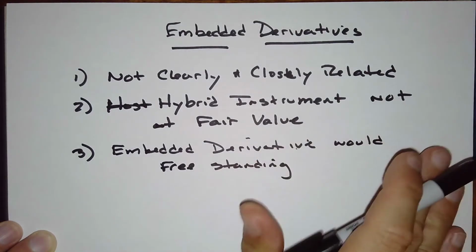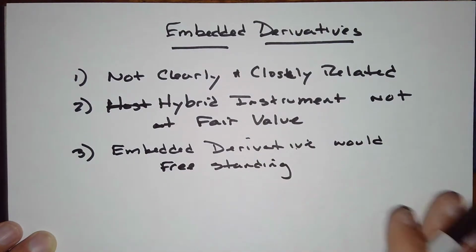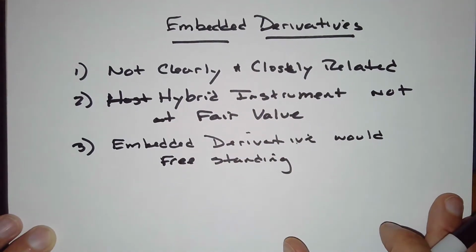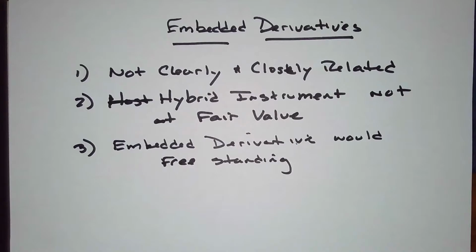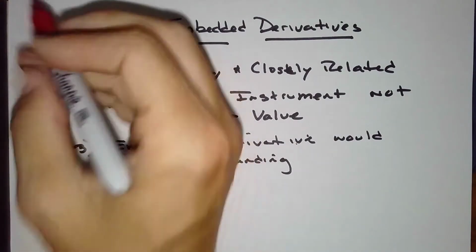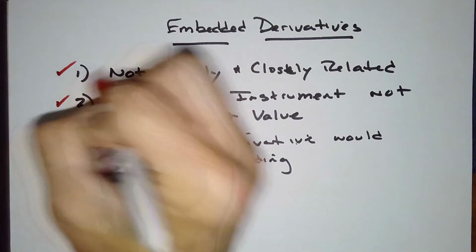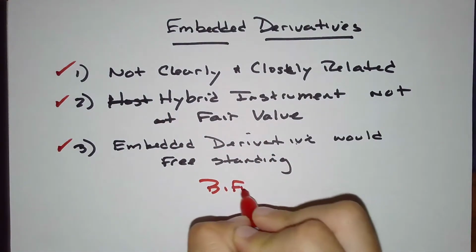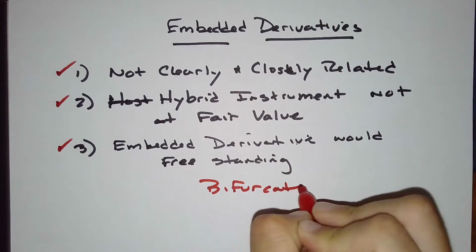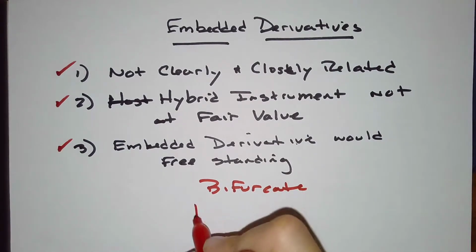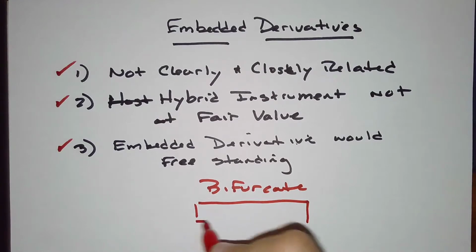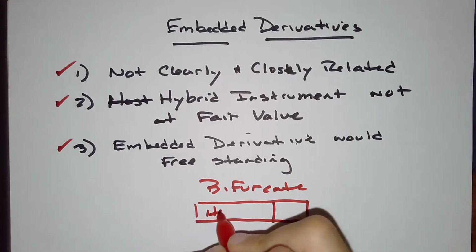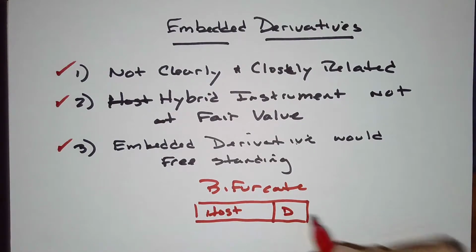Meaning I could go out and get a similar derivative in the open market, not have it actually be in the host instrument. All three of these items, if all three exist, you need to bifurcate. Here we have the hybrid instrument, and we have to split out the host and the derivative.